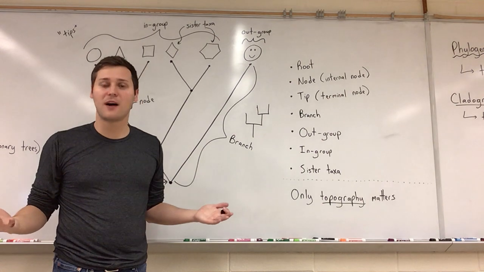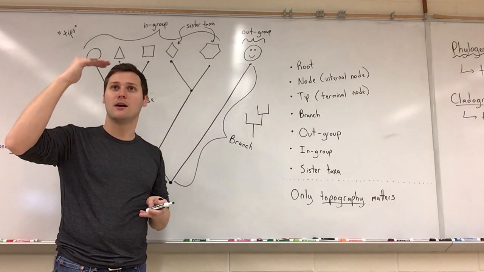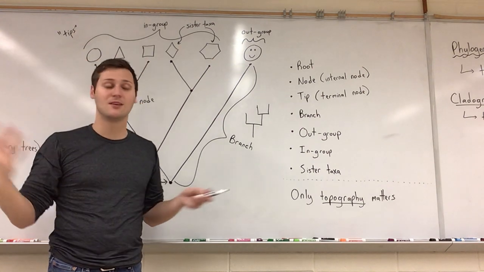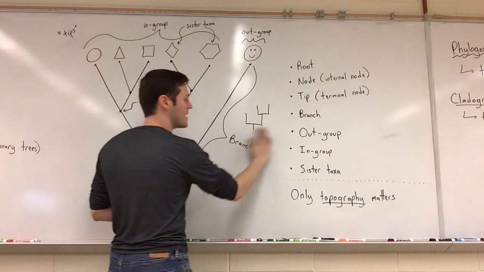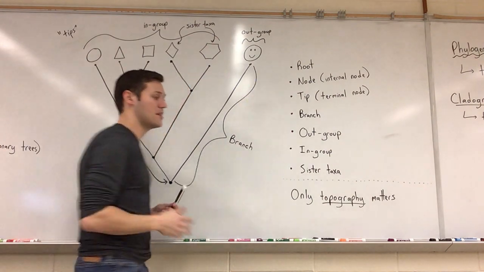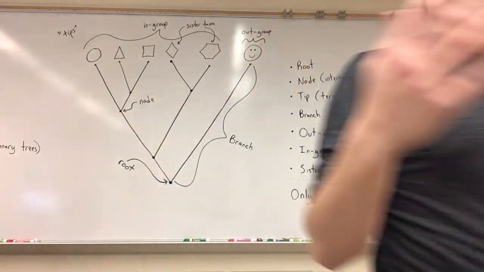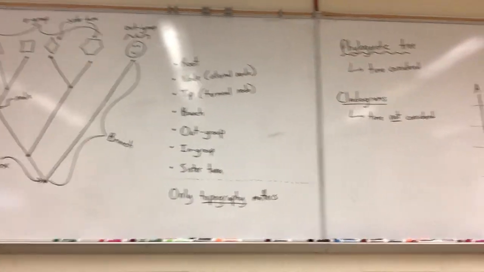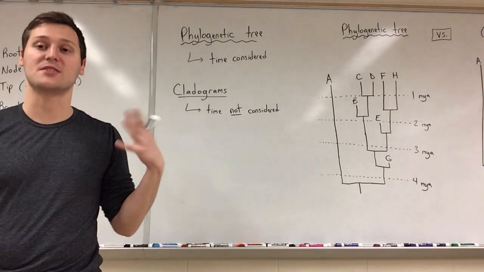That would have also been fine. But again, we need to make sure that we have our topology correct. The topology doesn't change. Those are some of the initial terms that you need to know. Now, continuing on with phylogeny, I want to talk about phylogenetic trees versus cladograms.